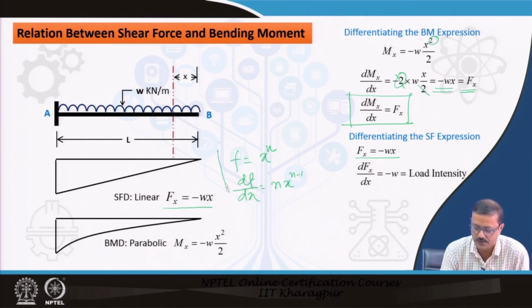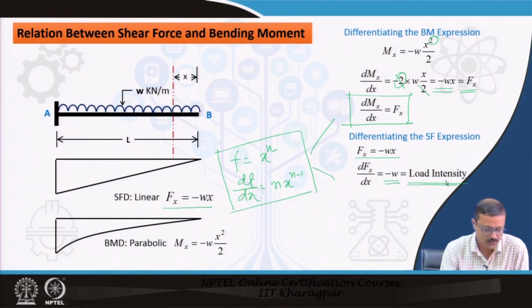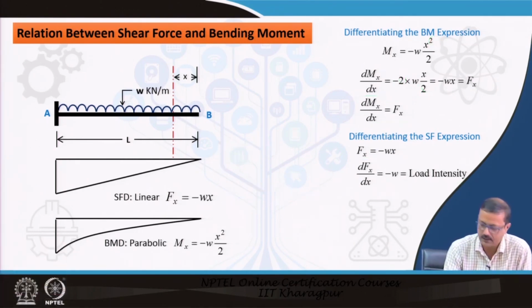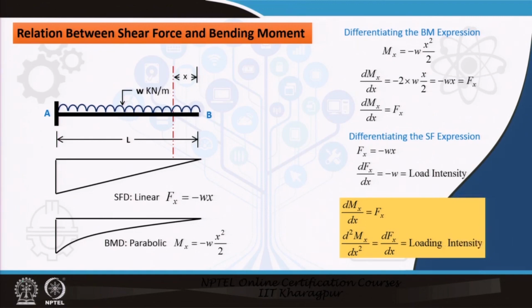From this fundamental principle I can evaluate these two. So this is minus W, which is nothing but the loading intensity. Finally we may say that the differentiation of bending moment is shear force, and the differentiation of the shear force is nothing but the loading intensity. So the second-order differentiation of the bending moment is the loading intensity.